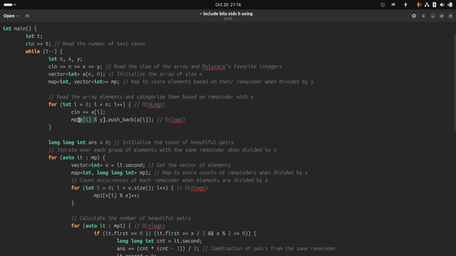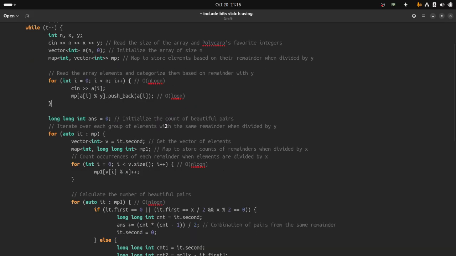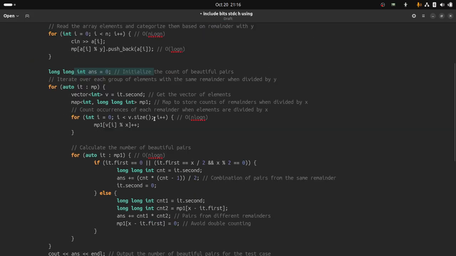Map of vectors. When modulo class storing is happening, it is O(log n). Answer equal to 0. Got the vector of elements. Map to store when divided by x.